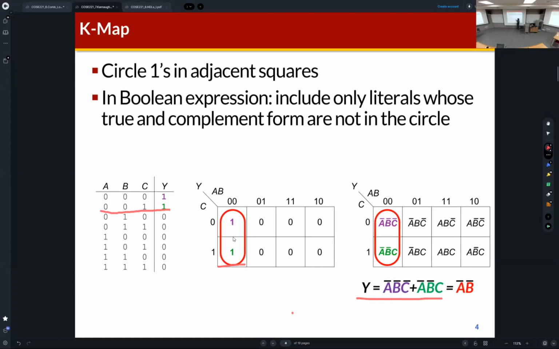So we can represent this equation with only A and B, because this group includes all possible values of C, C is 0 and C is 1. So if we group this column, we can represent this Boolean equation with only A bar and B bar.